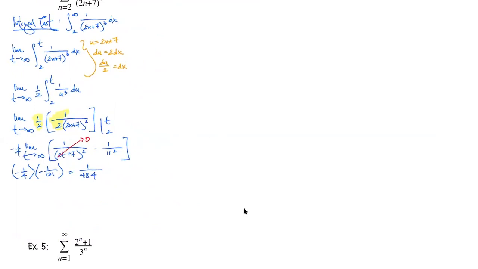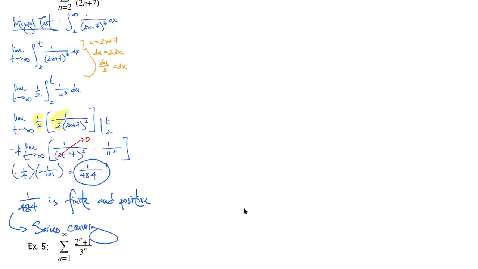Okay, so that really is the important takeaway here. This number, 1 over 484, is finite and positive. That means that our series converges. Okay, so 1 over 484 is finite and it's positive. Therefore, our original series converges. Okay.